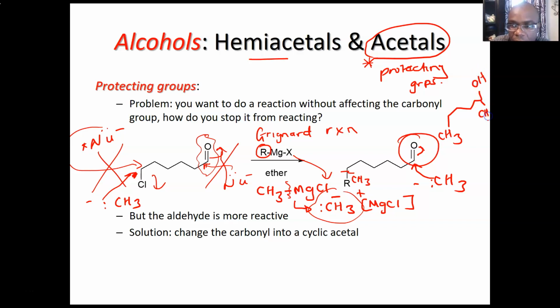The CH3 adds on the aldehyde, which picks up a proton from the solvent, and the same CH3 can attack the chloride by SN2. So to prevent that, we usually protect the carbonyl if you only want SN2 on the halide.